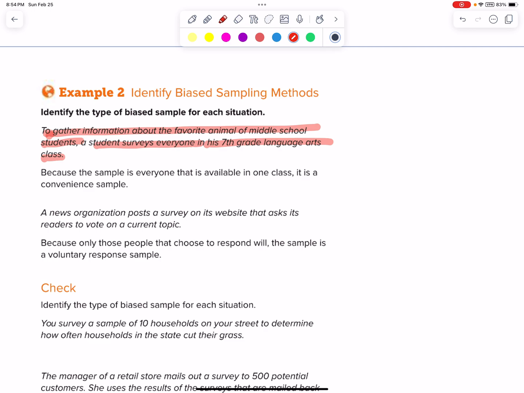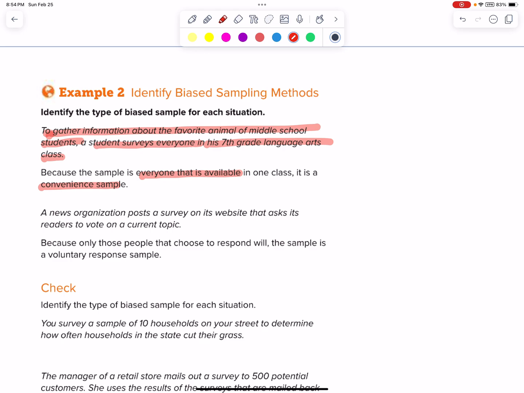Because the sample is everyone that's available, it is a convenient sample. And it's a convenient sample because it's just the people in the one language arts class. So if you're going to do an unbiased situation, then you include all the language arts classes, not just the one class that you're part of.